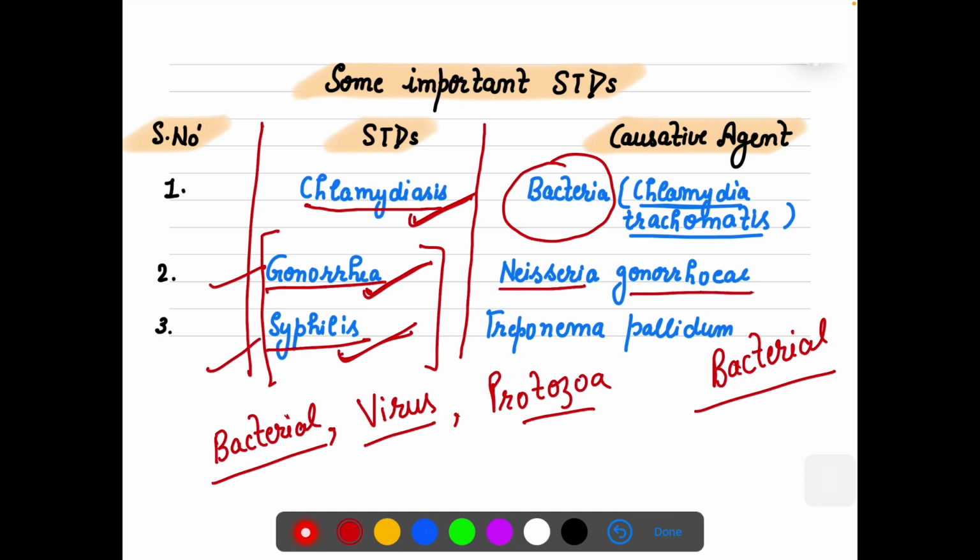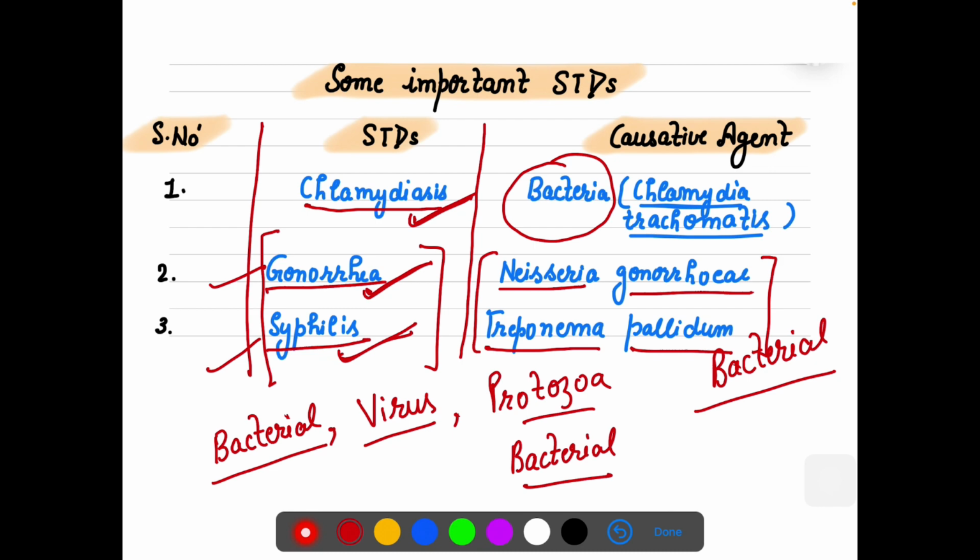Neisseria gonorrhoeae is the causative organism which causes gonorrhea. Syphilis, ट्रैपोनीमा पैलिडियम बहुत रेयर होता है when they ask for the causative organism, but sometimes this happens that they ask to give one example of a bacterial disease and write the causative organism. So we should know them.